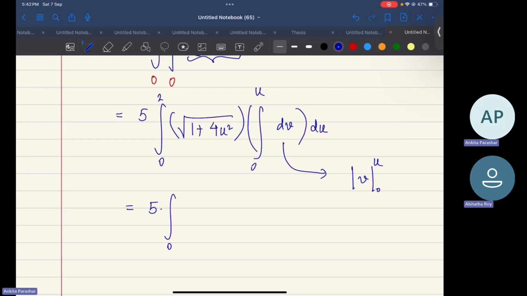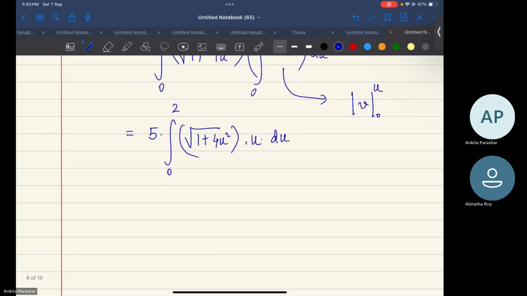So we get the integral from 0 to 2 of 1 plus 4u square, times u, du. This should be okay, and now this can be done.